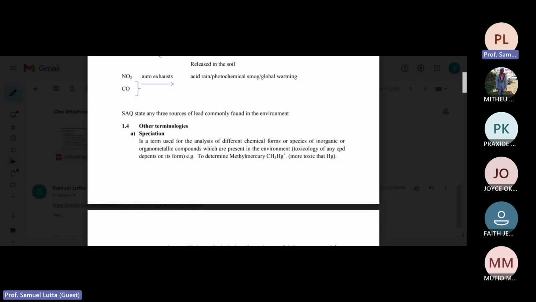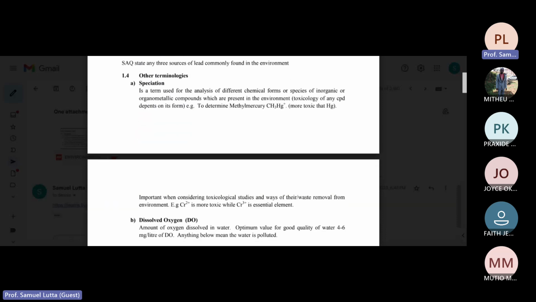Then for speciation, this talks about different forms of metals. These metals exist in different forms. For example, if you talk about aluminium, or for example, lead, you can get lead in different forms. You can have lead in form of lead nitrate or lead ions. You can have lead in form of lead carbonate.